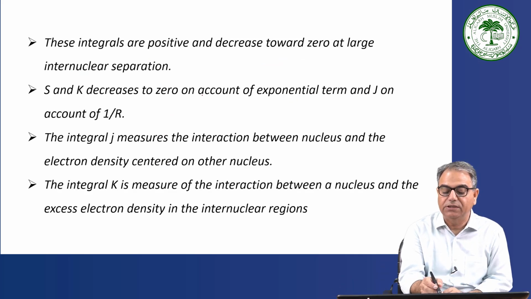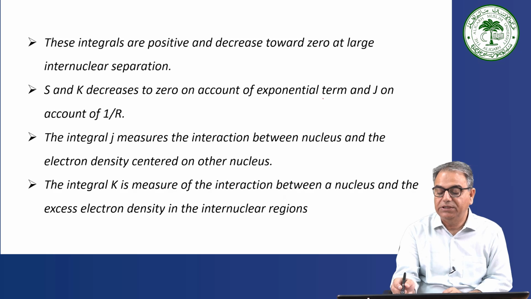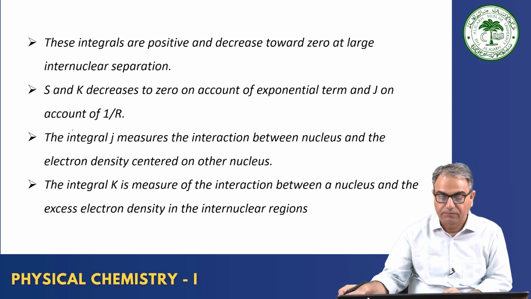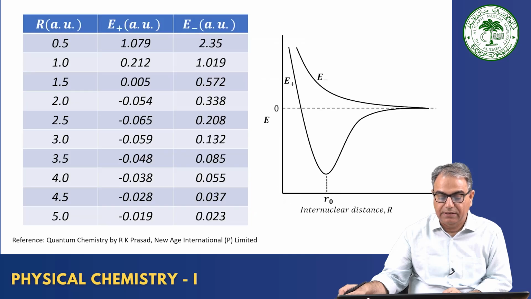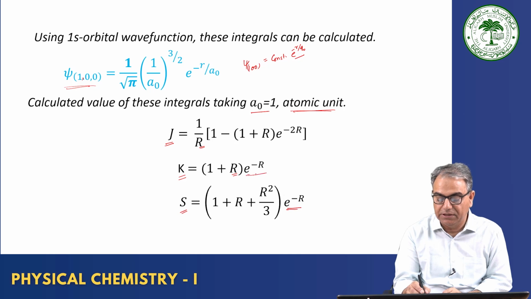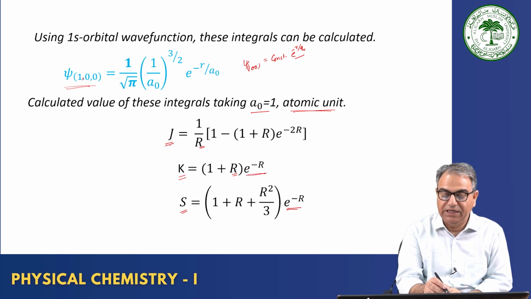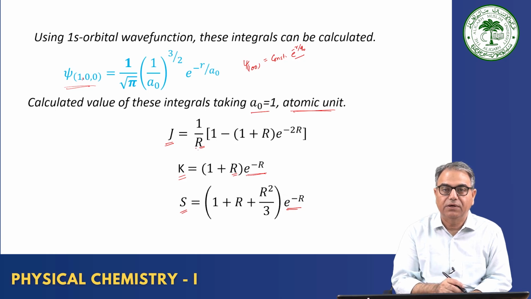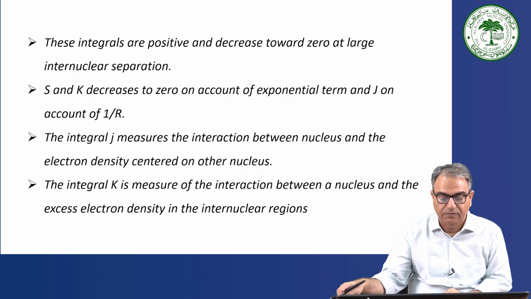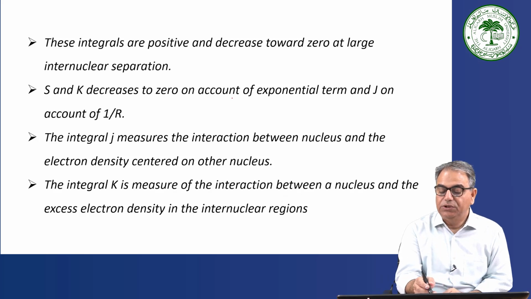S and K have exponential terms, so they will decrease because of these exponential terms, and J will decrease because of 1 by R. Okay, so it will decrease to 0 at certain R values.